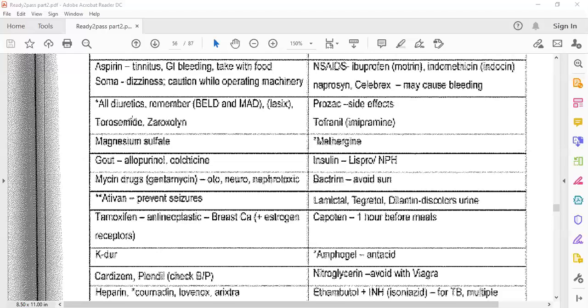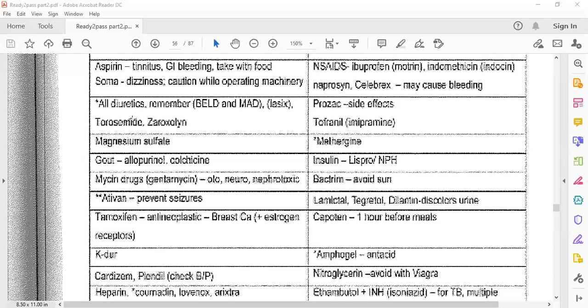So there are several types of diuretics, but there are three types that are most common: loop diuretics, potassium sparing diuretics, and also thiazide diuretics. Okay.